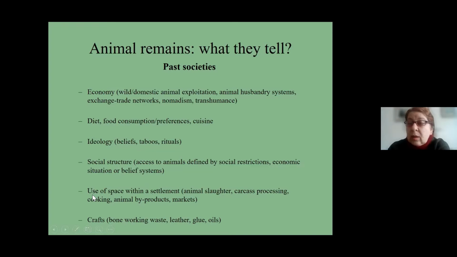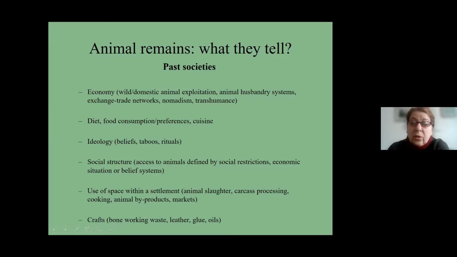You can do studies that will illuminate the use of space within a settlement as it concerns animal-related activities like animal slaughter or carcass processing, cooking, market, selling, and so on.